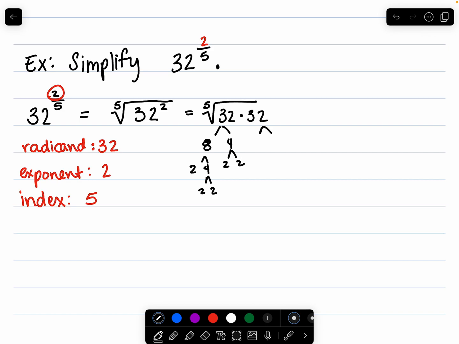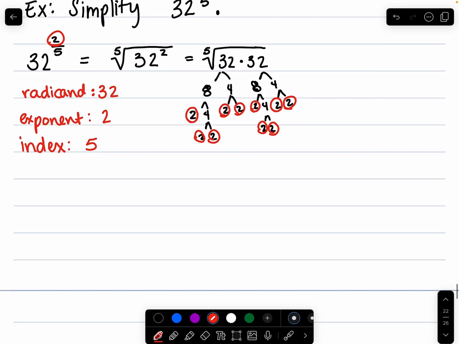Same thing here. Times 4, 8 times 4, 2 and 4, 2, 2, 2 and 2. Now we've done prime factorization. So let's count how many 2's we have. We have 1, 2, 3, 4, 5, 6, 7, 8, 9, 10 2's.